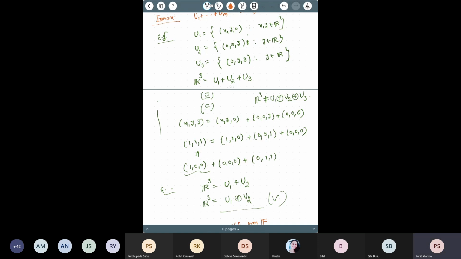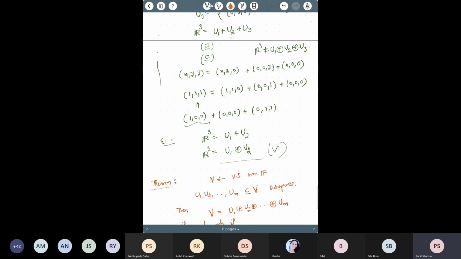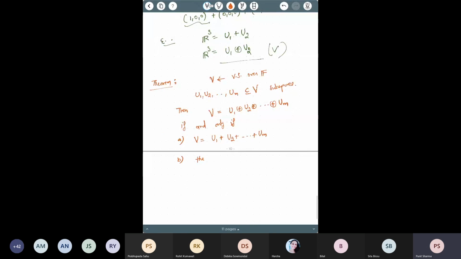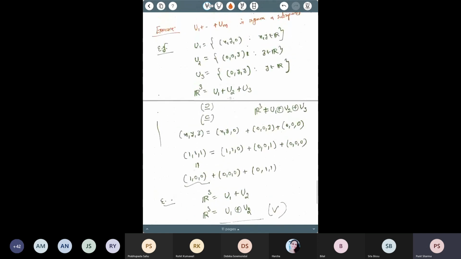I'm saying that U1 up to Um are the subspaces, and the intersection of any two is the identity. Now again, for the same argument, I will give you the same example here.